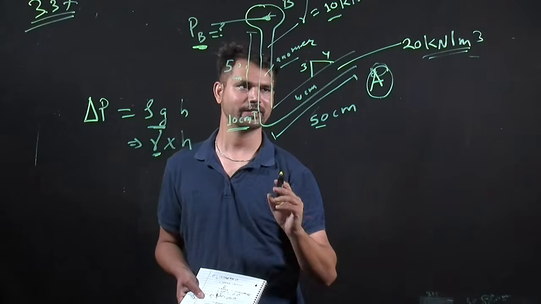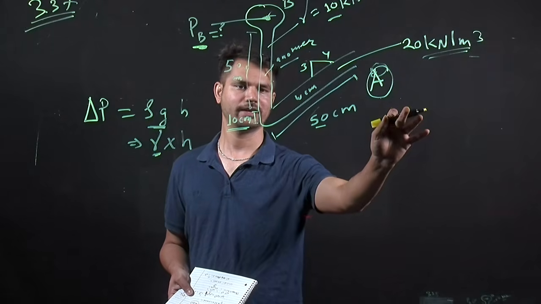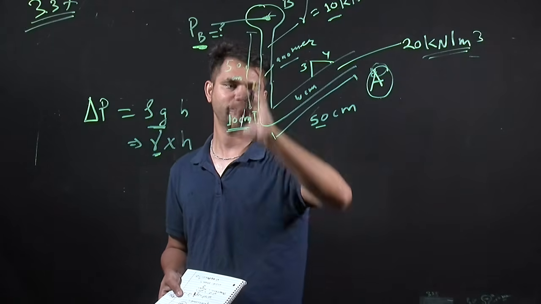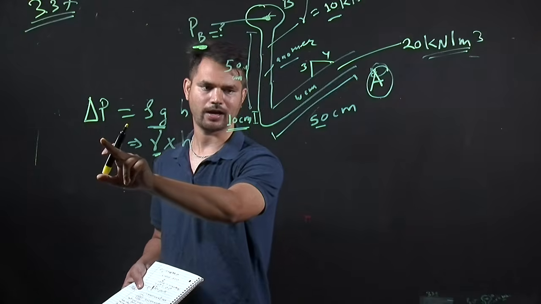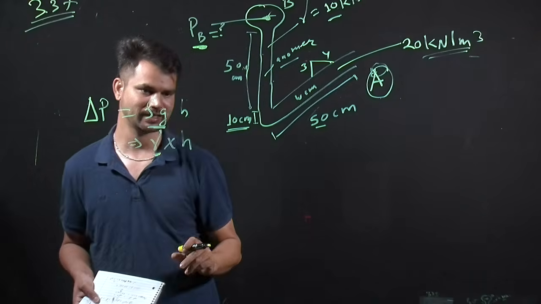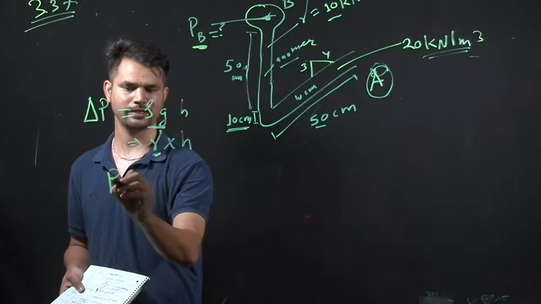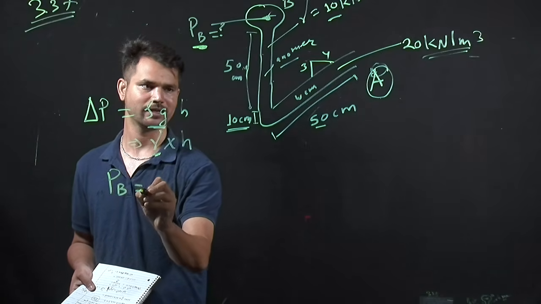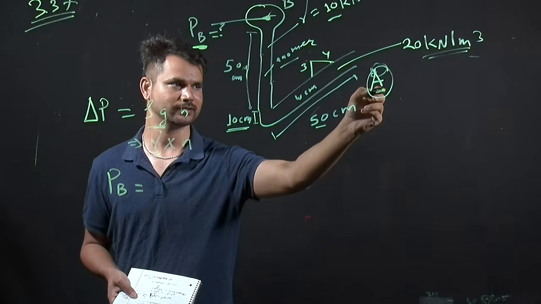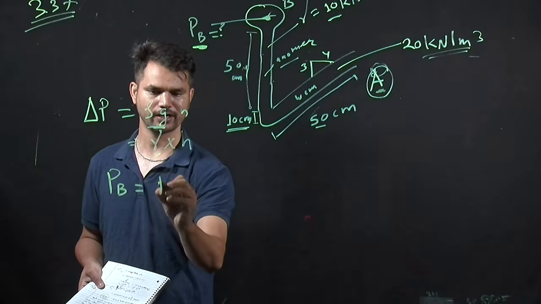So let us begin from point A to point B using the same approach that we did in the last question. Our P_B we don't know, we need to compute that, and let us assume this as pressure A for now.